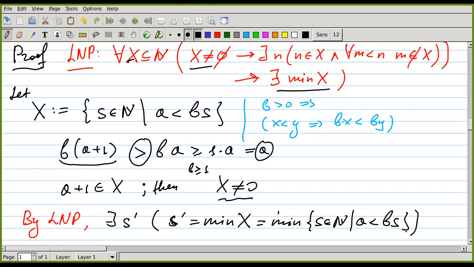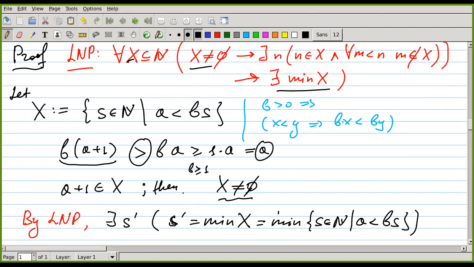Is it clear? Yes. So X is not empty, and here we have the least element in X.